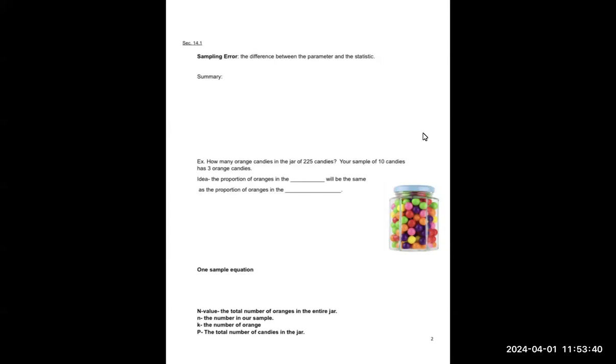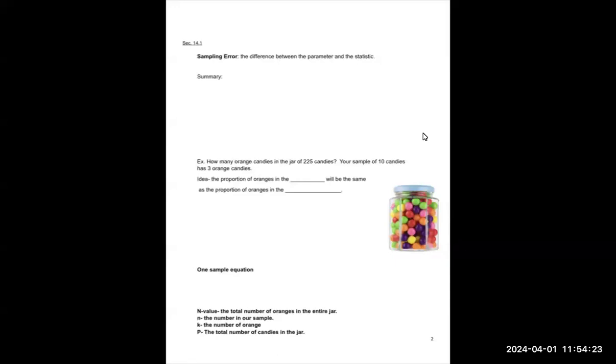So they say, how many orange candies are there in the jar of 225 candies? Okay, this is called a one sample because we take a sample only one time. Your sample of 10 candies has 3 oranges. So can you estimate for me how many oranges are going to be in the entire candy jar? We must have taken out 10, maybe we closed our eyes, picked out 10, probably the ones on the top. And we found 3 of them to be orange. And then we asked ourselves, how many oranges are in the entire jar?